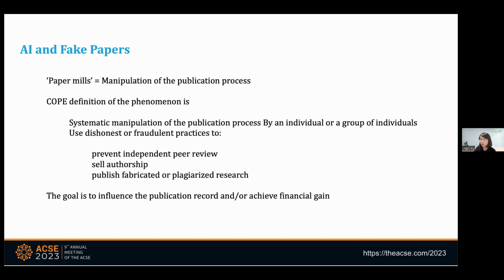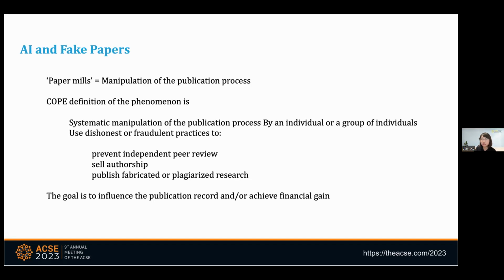The advent of fake papers and the systematic manipulation of peer review by individuals and organizations has led editors and publishers to create measures to identify and address several of these fraudulent behaviors.